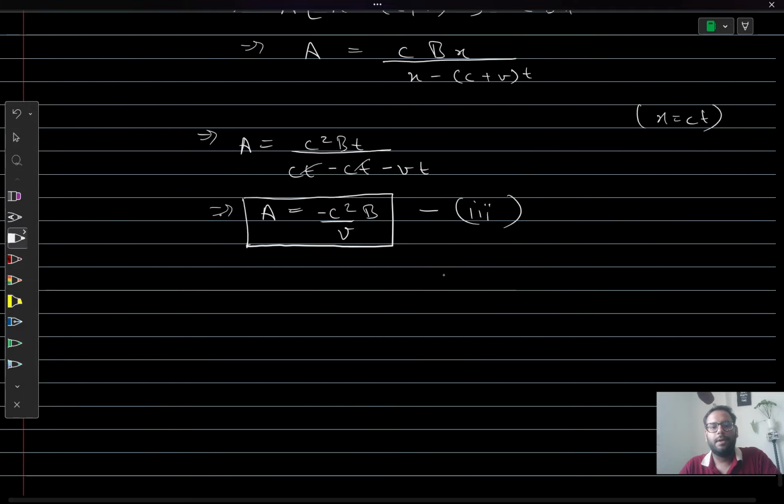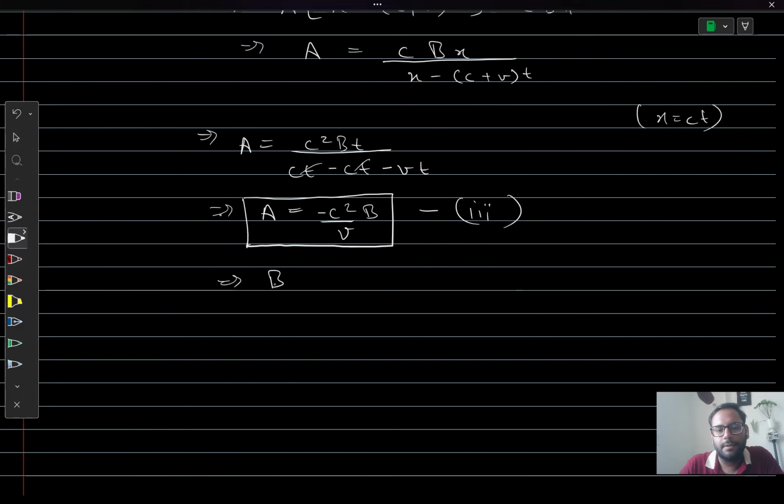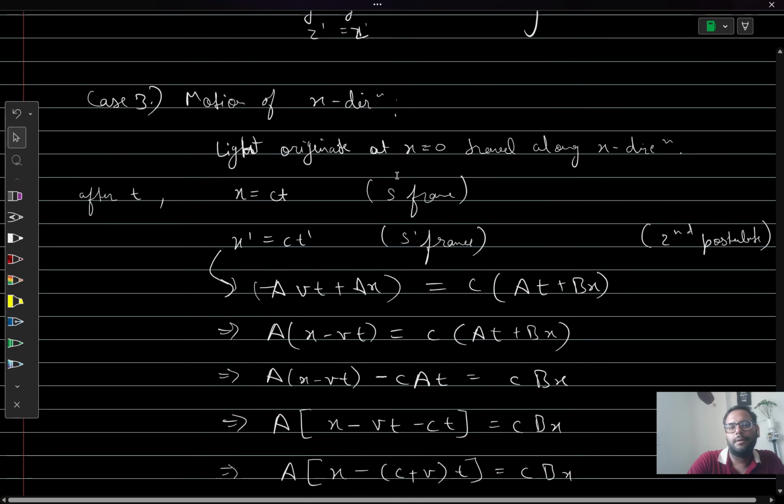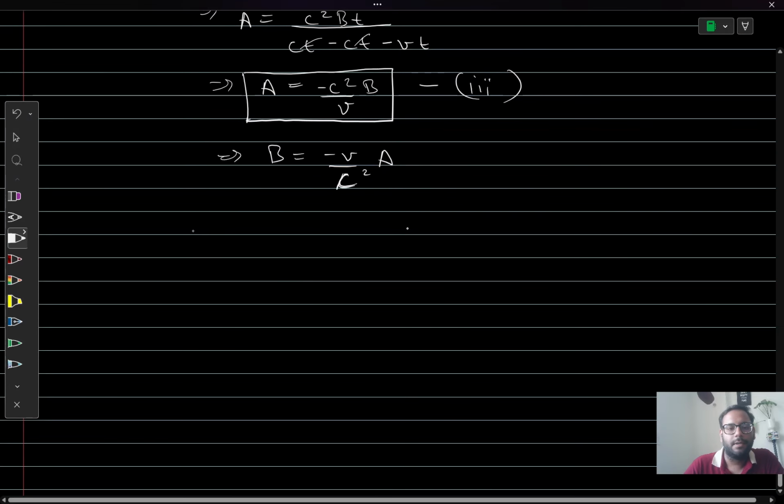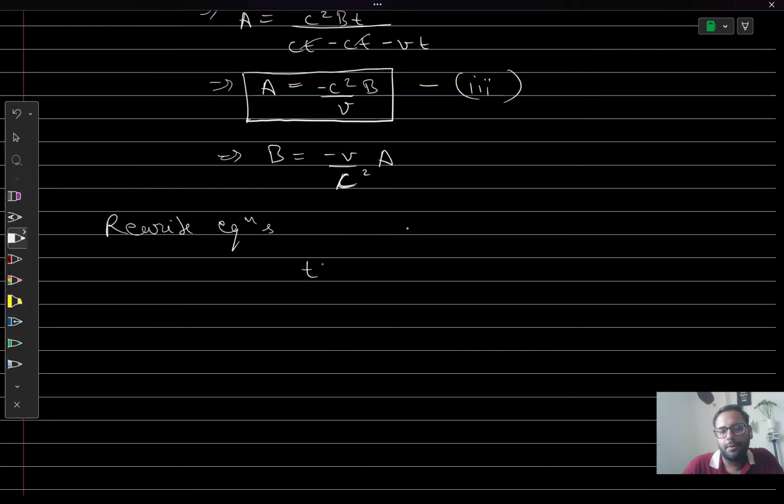Right? Now you can write it like this also. This c squared, you replace it in these equations, and rewrite the equations. The Lorentz equation can now be written as t prime equals a times t minus v by c squared x, because we have replaced.